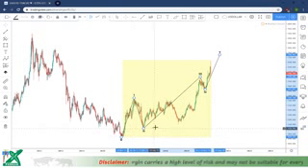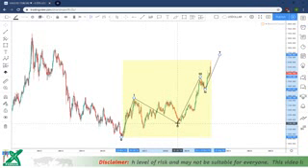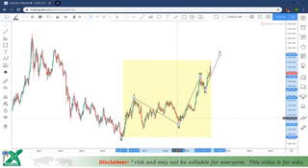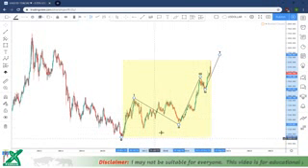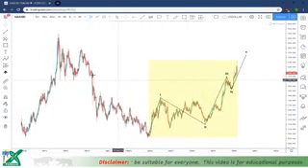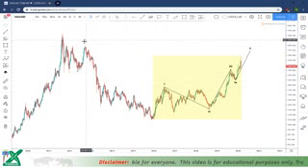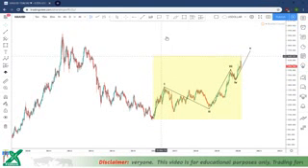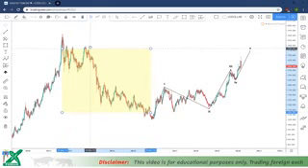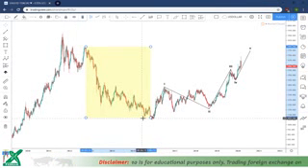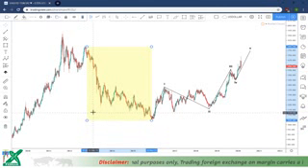So this is an example of a bullish market which is trending up. Now, if we consider this move, we can consider this a trending down market on a lower time frame.